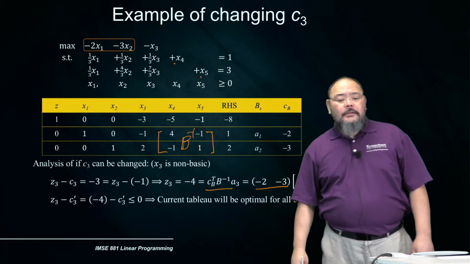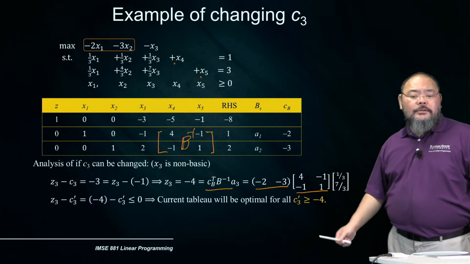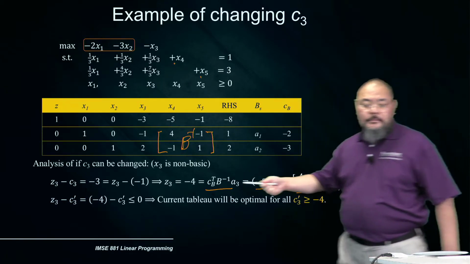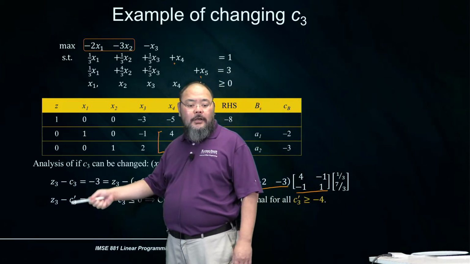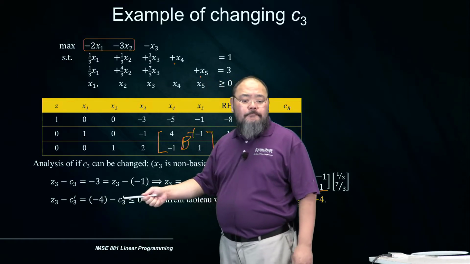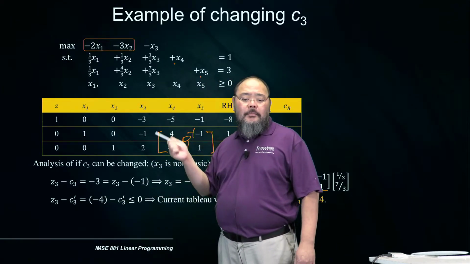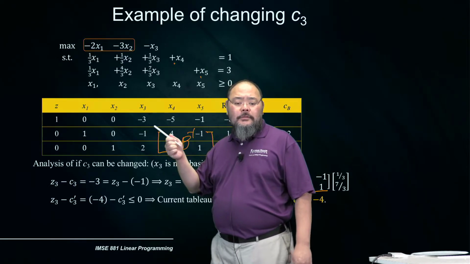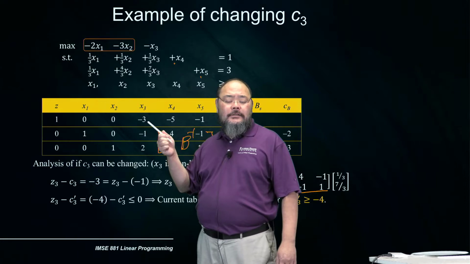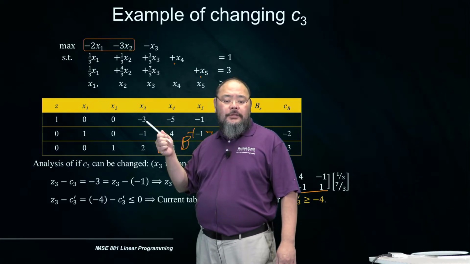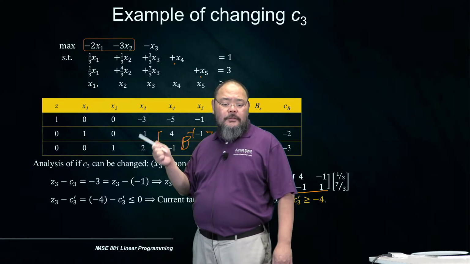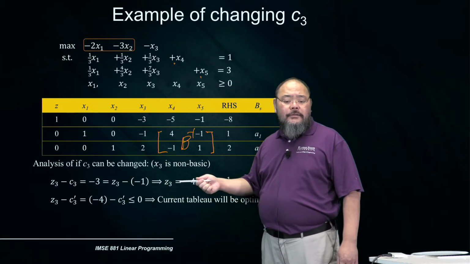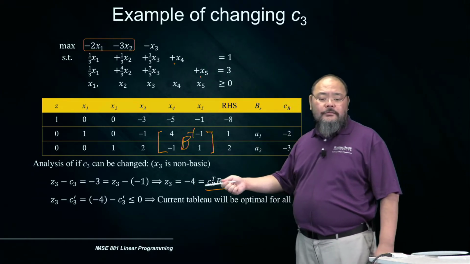Also, if C3 changed to C3 prime, and the current tableau is going to maintain optimality, Z3 minus C3 has to remain negative. Here Z3 equals negative 4.